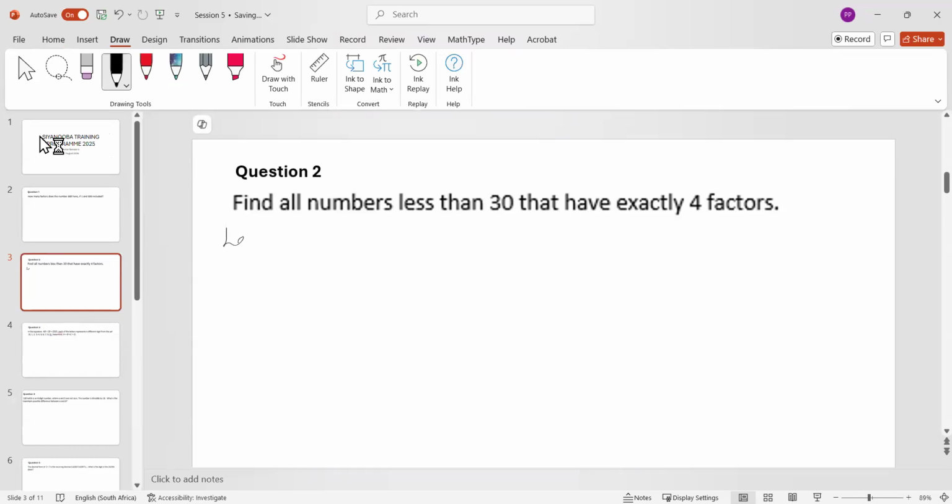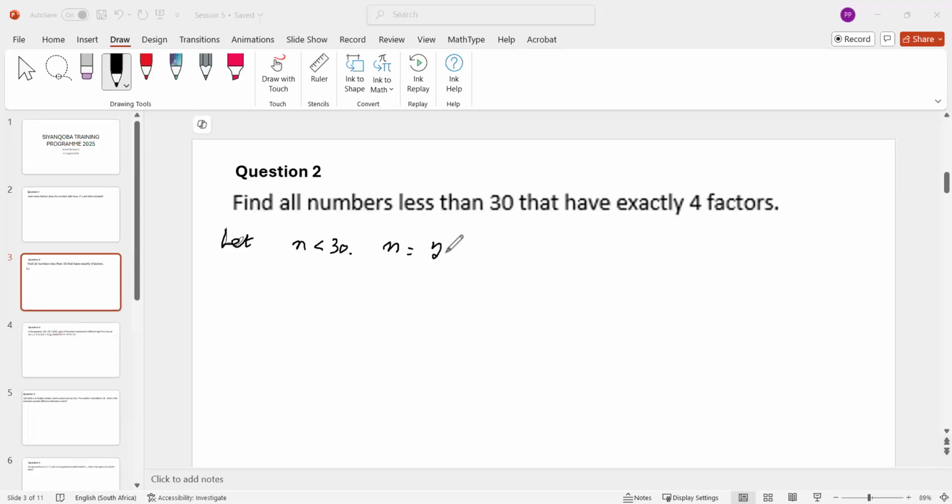If you take a number less than 30, say let n be less than 30, and suppose I factorize n as 2 to the power of a1, 3 to the power of a2, and so on, then it's got exactly 4 factors, which means that 4 is equal to, and we've got the formula for the number of factors, a1 plus 1, a2 plus 1, and so on.